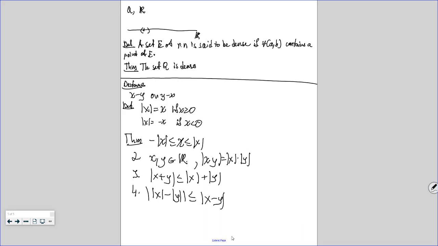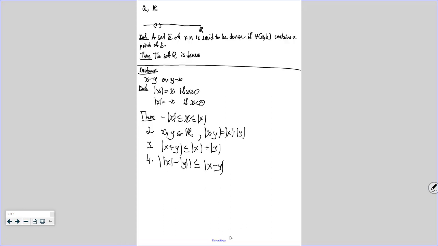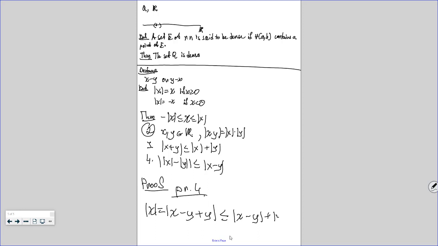Let's prove a couple of them. Let's start by proving property 2. For example, let's prove property 4. We can write the absolute value of x as the absolute value of x minus y plus y. And from the triangular inequality, this is less than or equal to the absolute value of x minus y plus the absolute value of y.